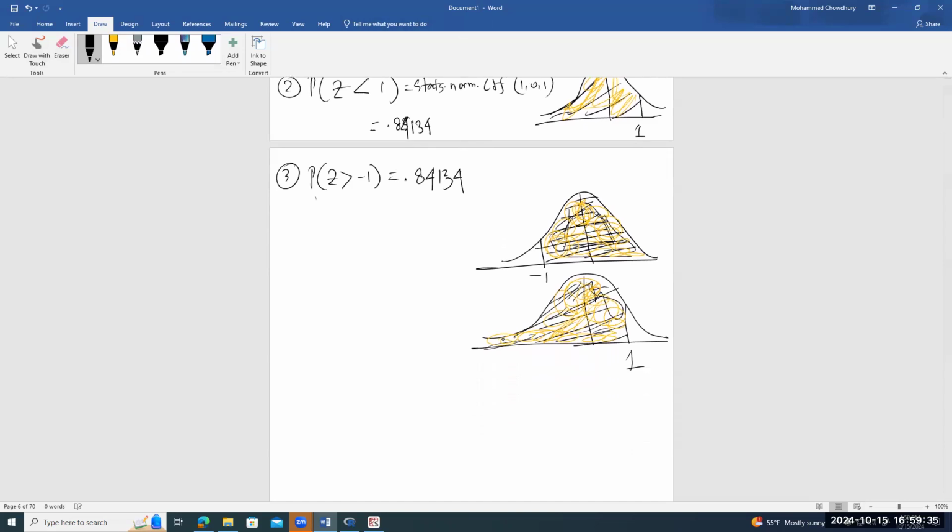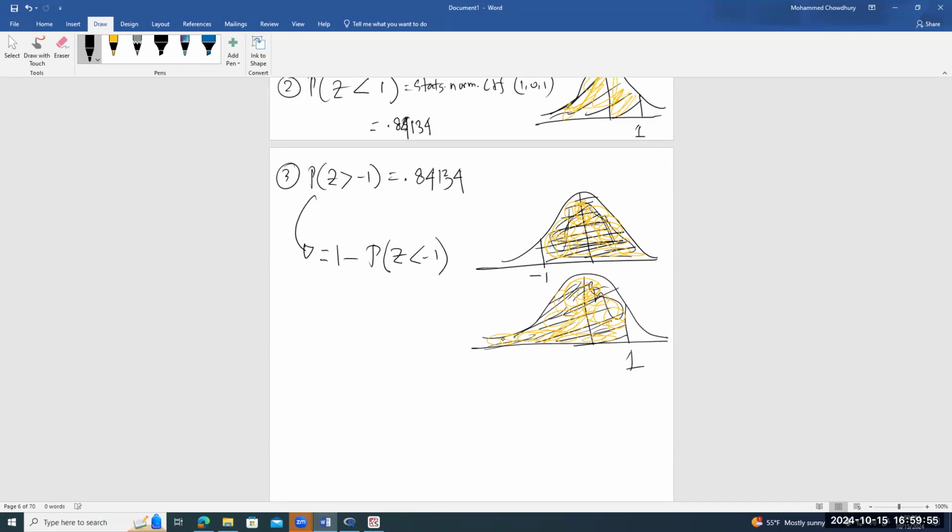So greater than 1, you can find as 1 minus probability of z less than or equal to 1. Anytime, any greater than, you can find it by the less than. Understand?